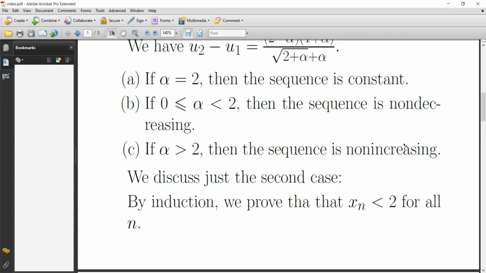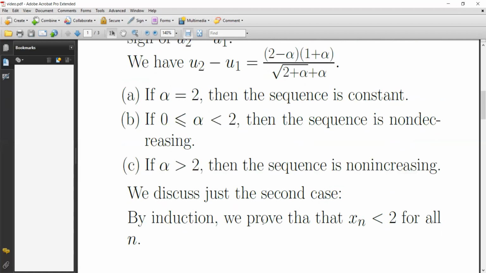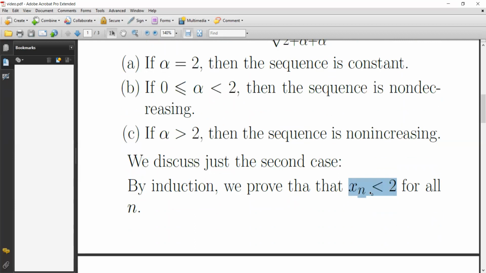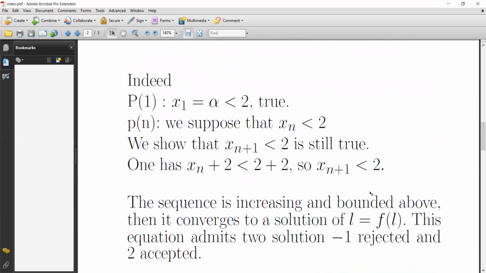Here we prove by induction that the sequence x_n is less than or equal to 2 for all n. The statement for n equal to 1 is true. Why?